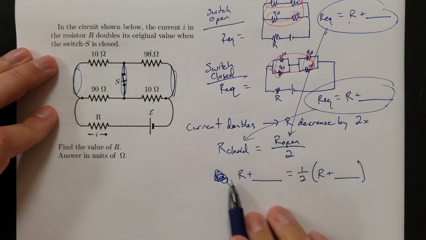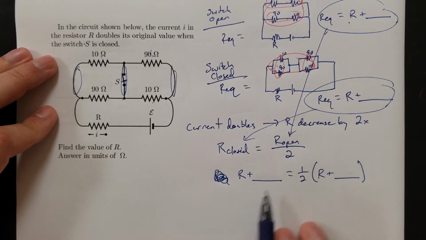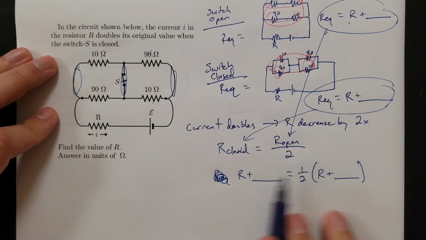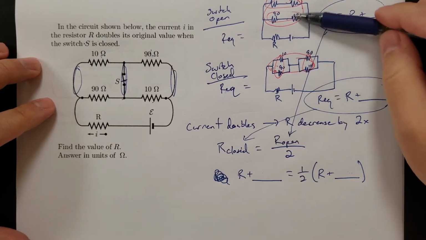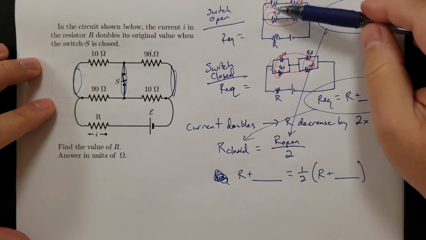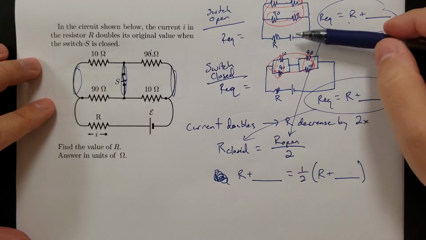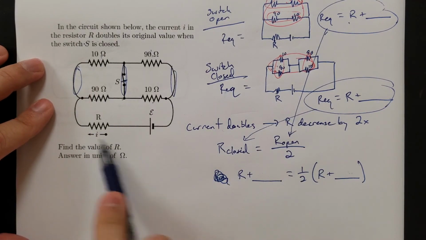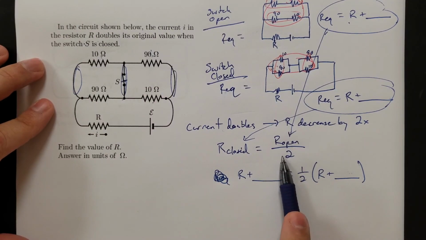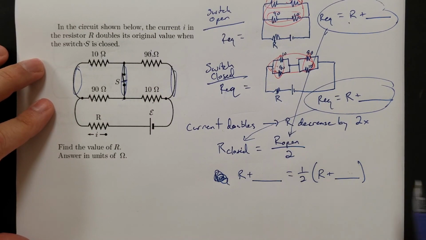And so now I've got an equation, right? I've got numbers here that are constants I can distribute the half in, and then I just have an unknown R, and you can solve for what R is going to be. But it involved first relating open versus closed and finding the equivalent resistance first. And then you can take the relationship, knowing that the current is going to double, that means the resistance has to get cut in half. And then we can write this little equation and solve.